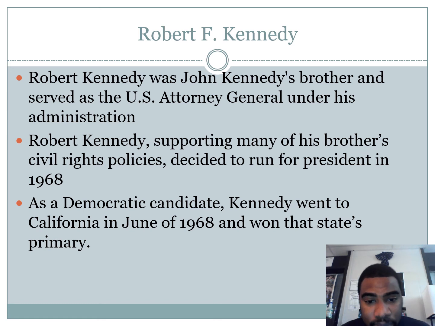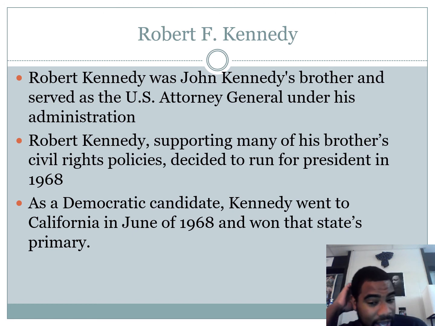Robert Kennedy, supporting many of his brother's civil rights policies, decided to run for president, and especially with Lyndon Johnson not running for president, this really opened the door for him. But I'm going to talk to you all more about that in real time.